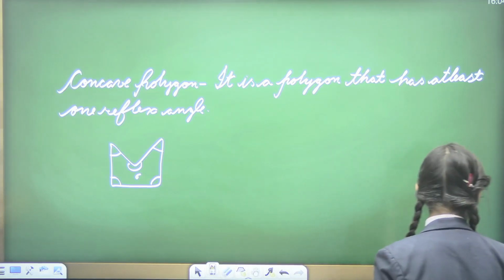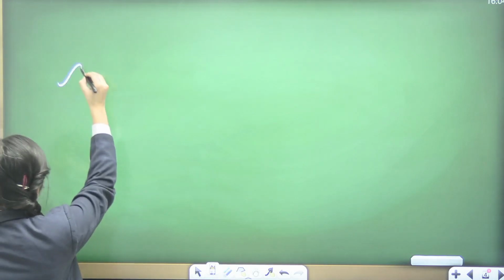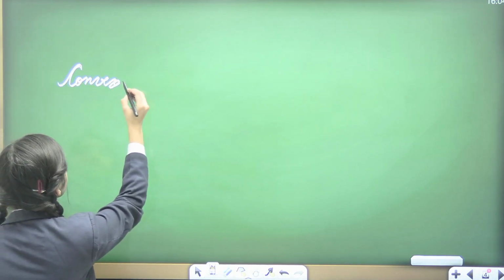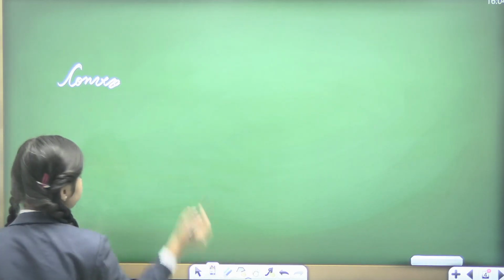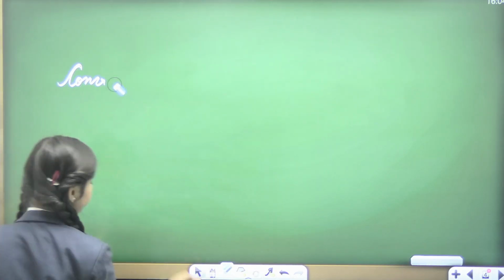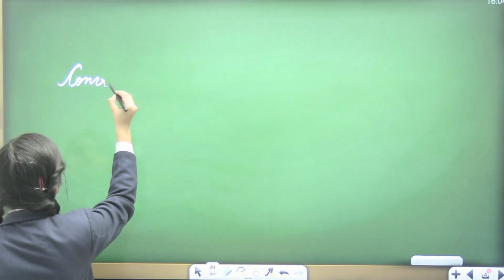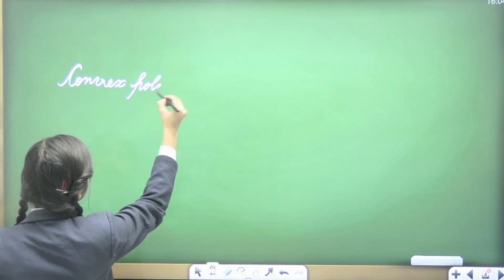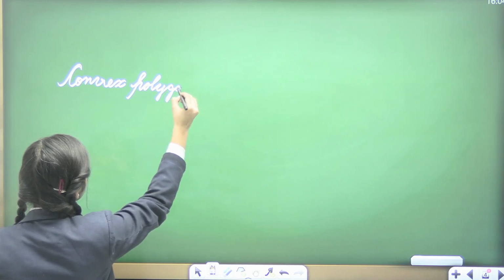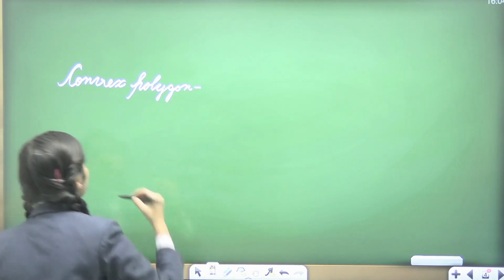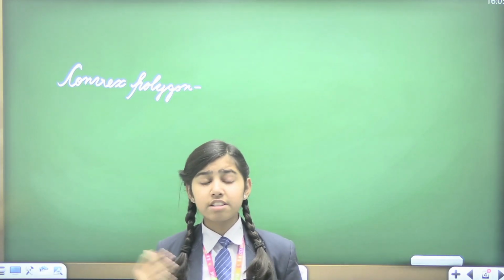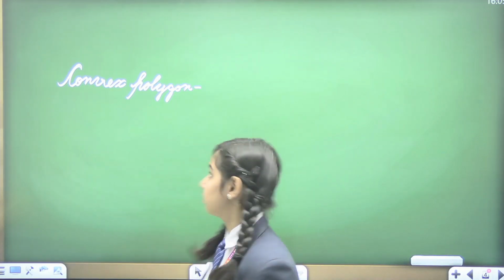And then the next type of the polygon is convex polygon. Now convex polygon is just the opposite of concave. It does not have any reflex angles.